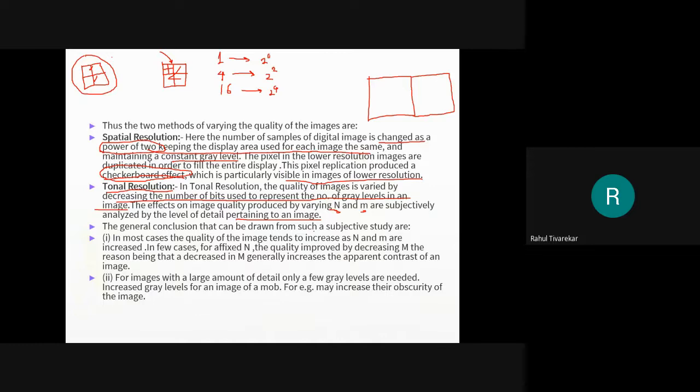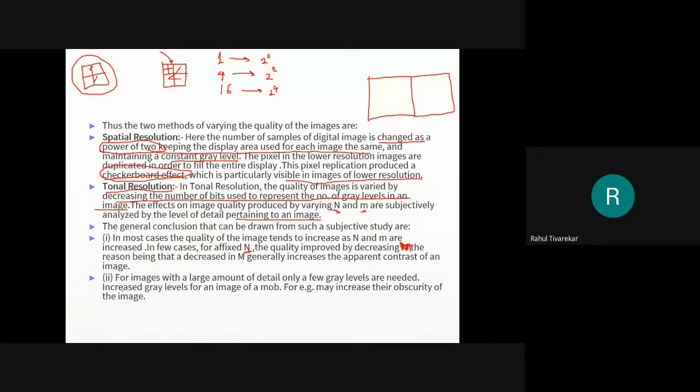General conclusions that can be drawn from the subjective study are: in most cases, the quality of the image tends to increase as we increase the N and M, and in a few cases, the number of pixels is kept constant and the quality is improved by increasing the small m. Sorry, this should be small m. So in a few examples, only increasing the amount of intensities will be sufficient. It is not necessary to increase the number of pixels.